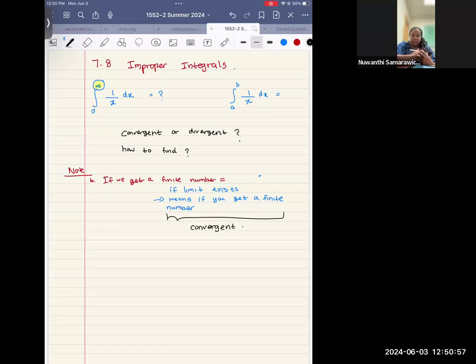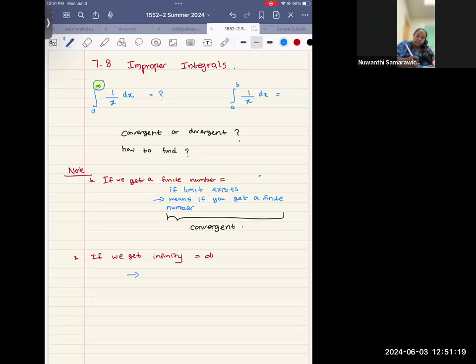But if we get infinity, that means the limit does not exist.